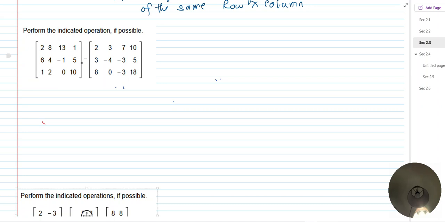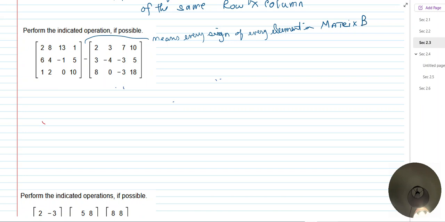So if we have the subtraction process, this means every sign of the element in matrix B changes. In other words, if it's negative, it becomes positive. If it's positive, it becomes negative. So that's what we'll be doing with this. So let's get started here.